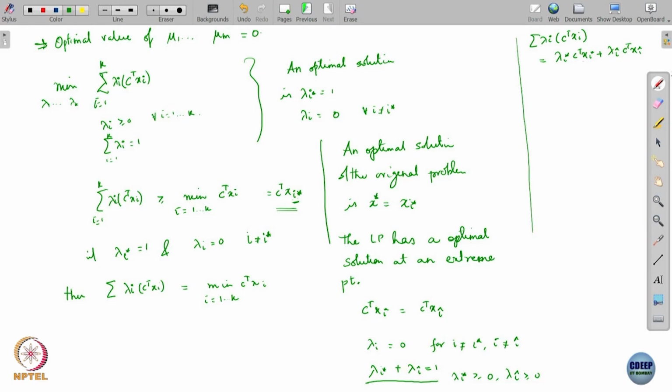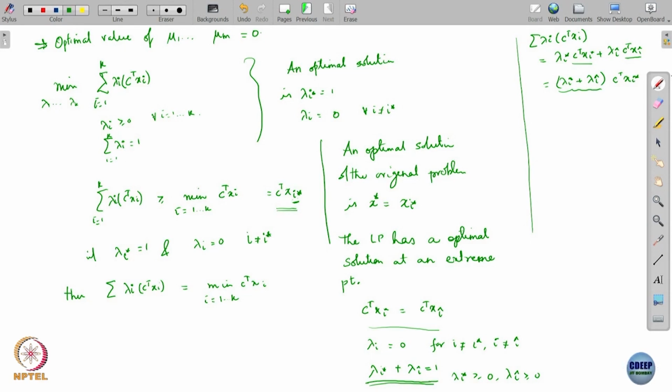But then c transpose x i star is equal to c transpose x i hat. They are both extreme points with the same value. So, what you are left with is just lambda i star plus lambda i hat times c transpose x i star, and so long as this sums to 1, I still get the same value.